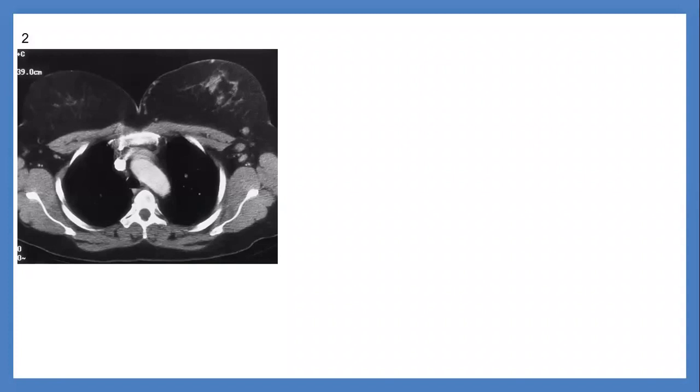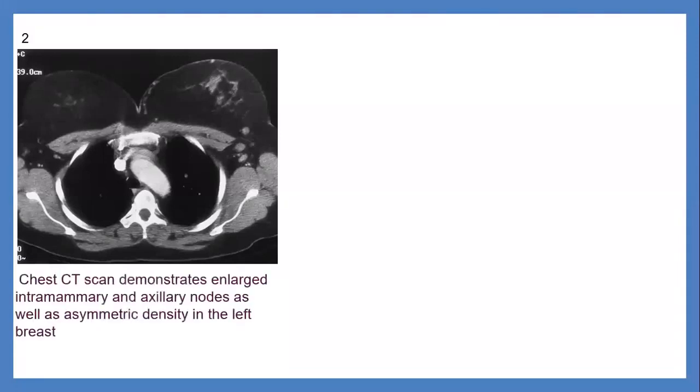Yes, it demonstrates an asymmetric lymph node compared to the contralateral side within the axilla as well as in the axillary tail, and these lymph nodes around it. Even the vessels here show some asymmetry in vascularity between the two breasts. Although this is only a single view, the findings are suspicious. So CT demonstrates enlarged intramammary and axillary lymph nodes and asymmetric density in the left breast.